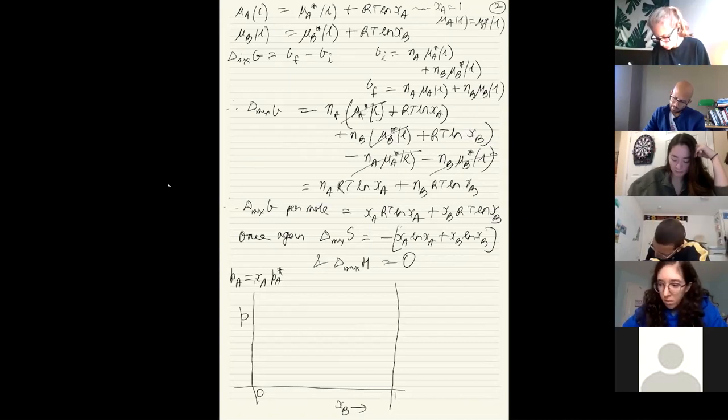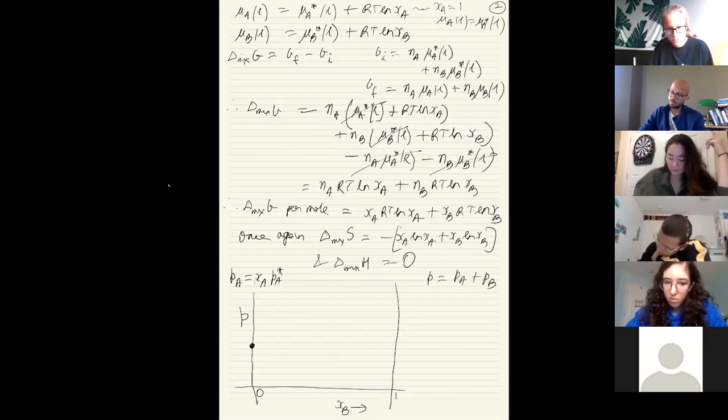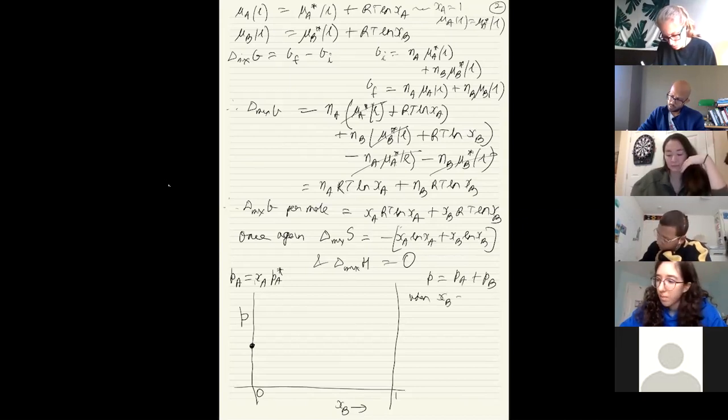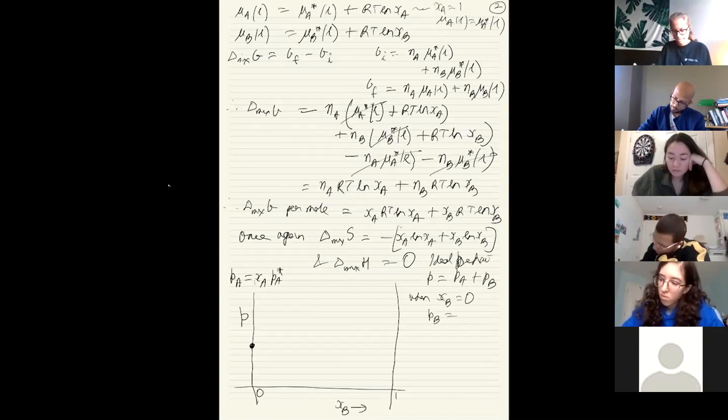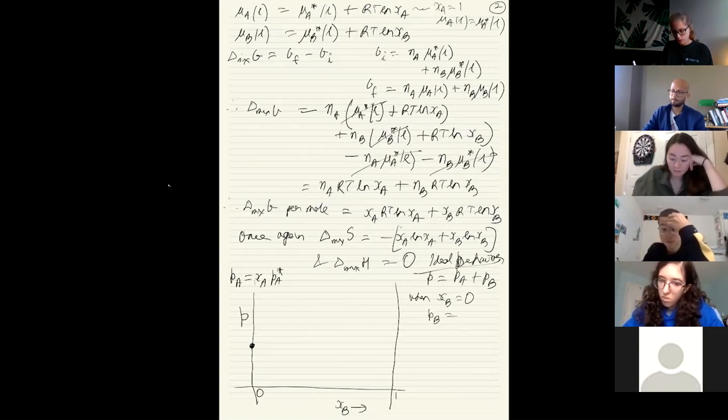For an ideal gas, let's think about the net pressure of the system. The net pressure is always going to be PA plus PB. When XB is equal to 0, and here we are talking about ideal behavior, what is going to be the value of PB?